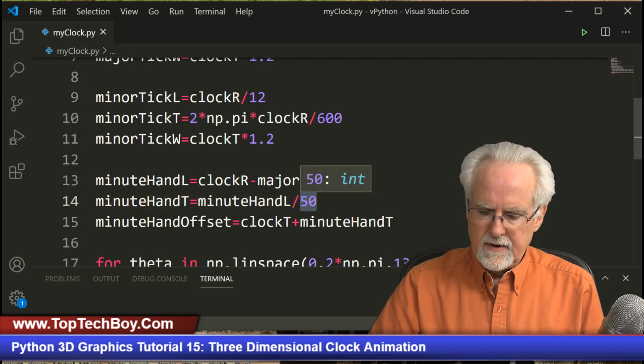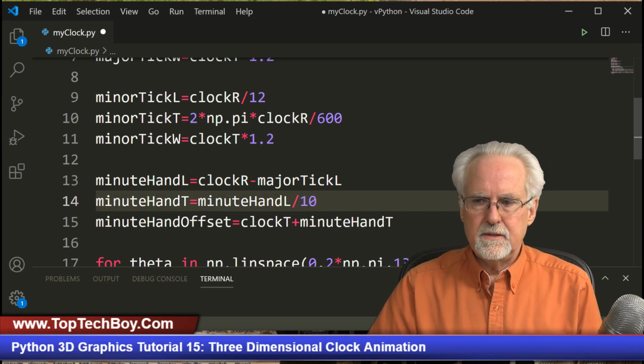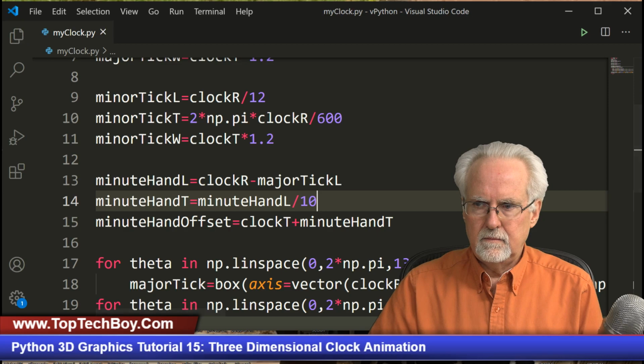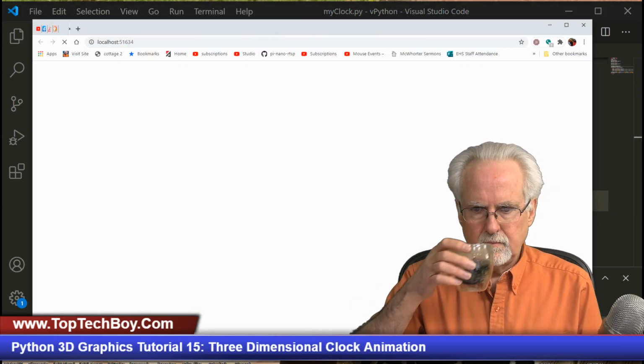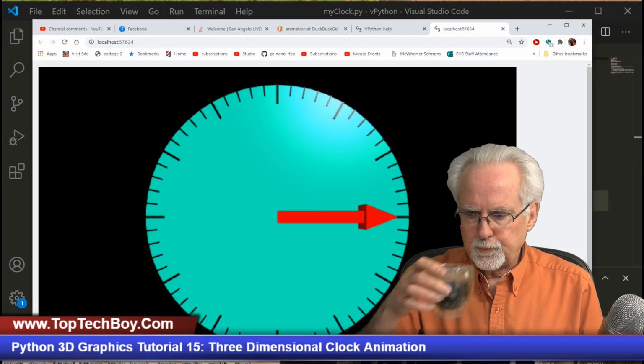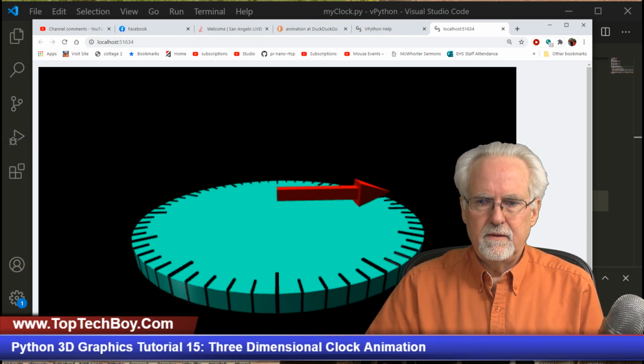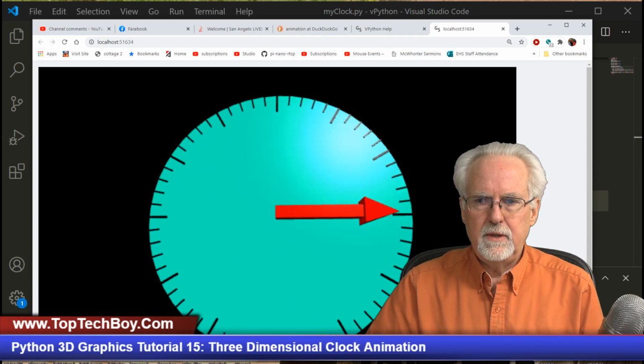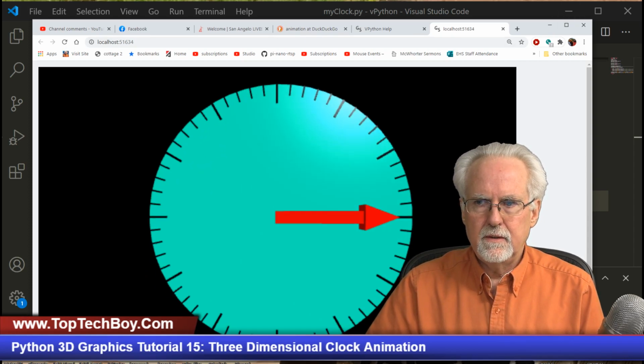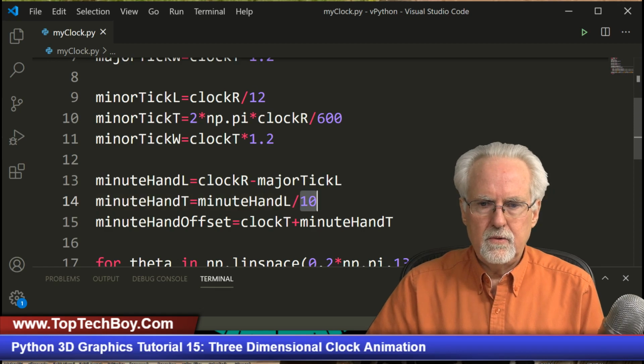So I'm going to say divide by 10, and let's see what that looks like. Wow, it got way too big, way too quick. So let's go 25.